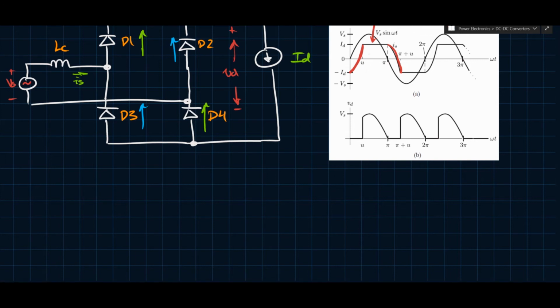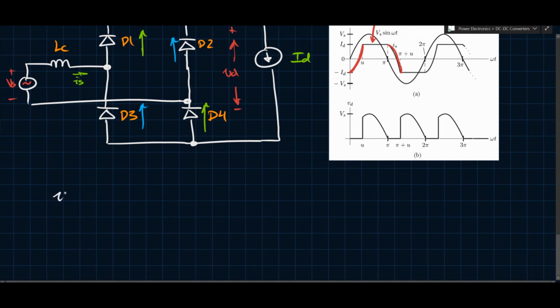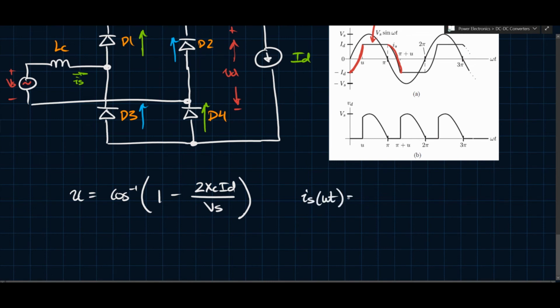If you do that, you'll get that the commutation period in this case, U, is equal to the inverse cosine of 1 minus 2XcId over Vs. If you're confused about how to get this, what you can do is find out what the inductor current is. We call that Is as a function of omega t.